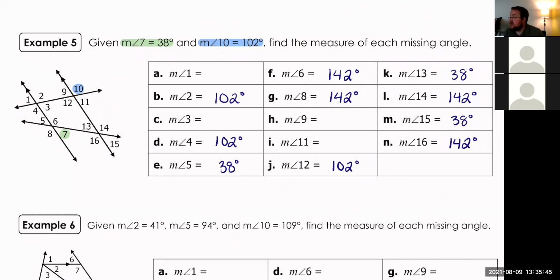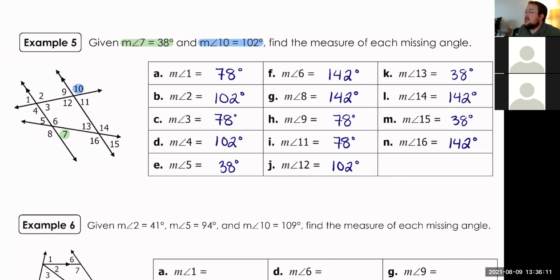So if I take that 102 out of 180, what do I get? 78. So angle 9 is 78 degrees. And by that similar process, I can work around with my verticals and my correspondings. I should get that all these other remaining angles that I had left should all be 78 degrees as well.